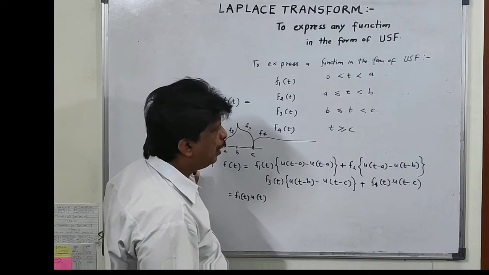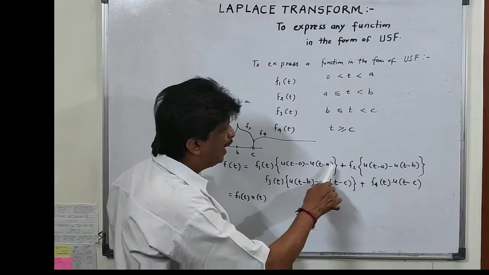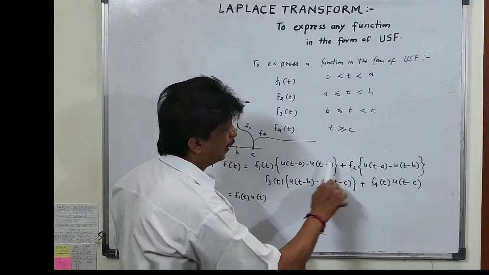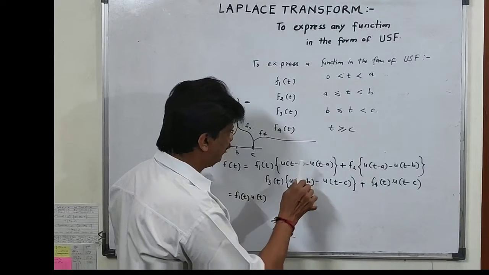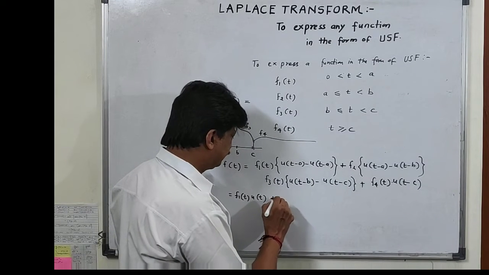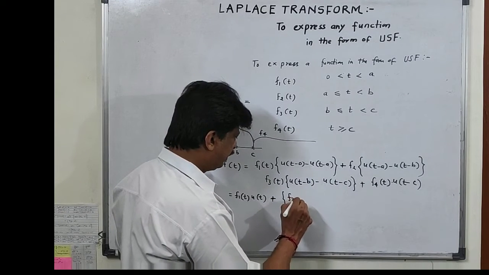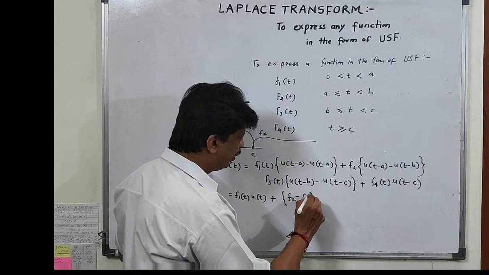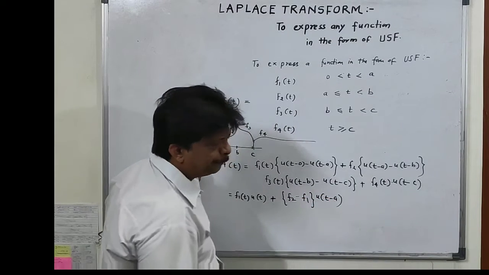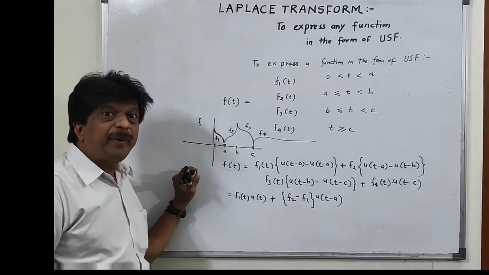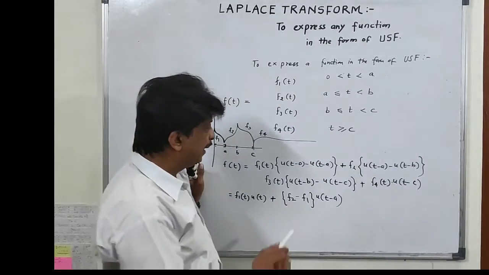Now, what is the multiple of u of t minus a? It is f2 minus f1, plus f2 of t minus f1 of t into u of t minus a. Now what are the multiples of u of t minus b?